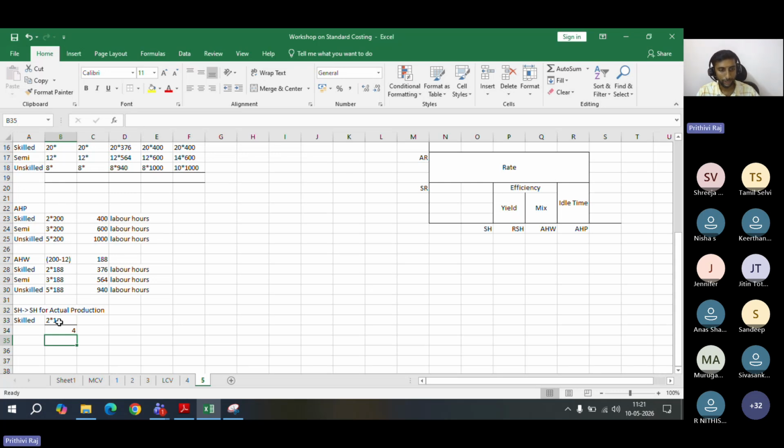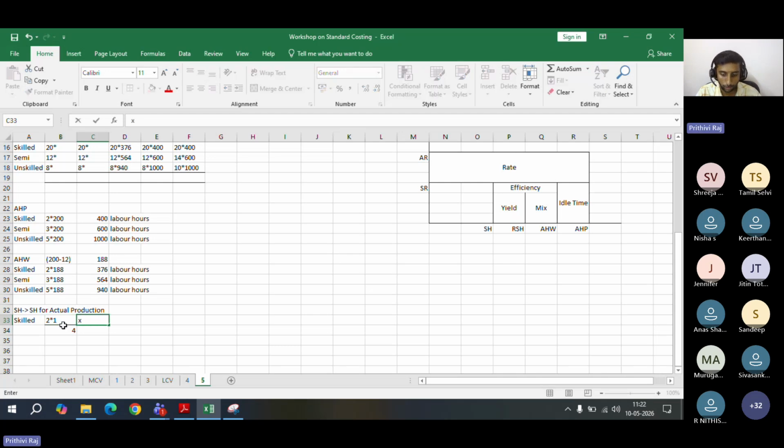So actually, in 1 hour, I produce 4 units, but the calculation I require is labor hours. So in 2 labor hours, I produce 4 units. So there is a difference, right? In that 1 hour, 2 labors are working. So how many labor hours should you have? Because 2 labors are working, you have 2 labor hours. That's what you are going to find. So 2 into 1. This is the important calculation.